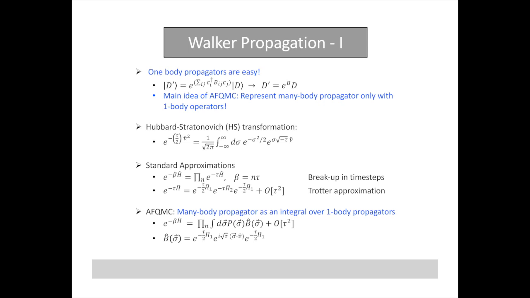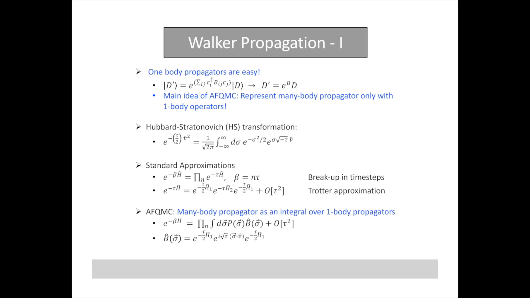So essentially, matrix multiplication allows us to do one-body propagation very efficiently. If we could turn the propagator of the system into something that only contains one-body operators, we're basically done. And so the third point is, how do we do that?